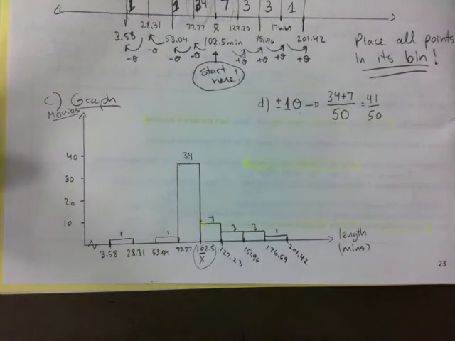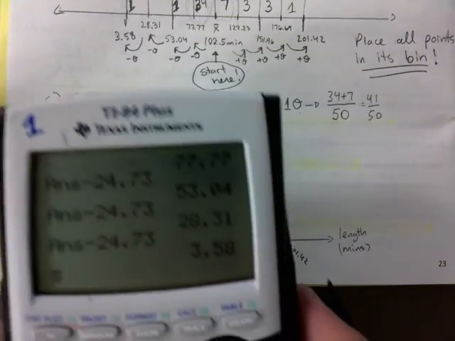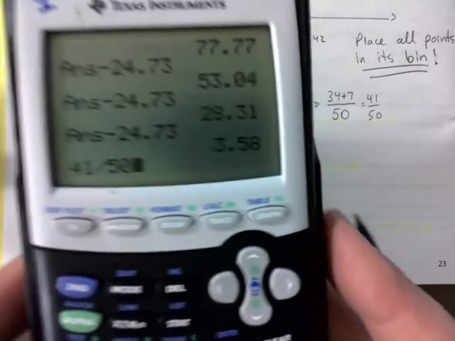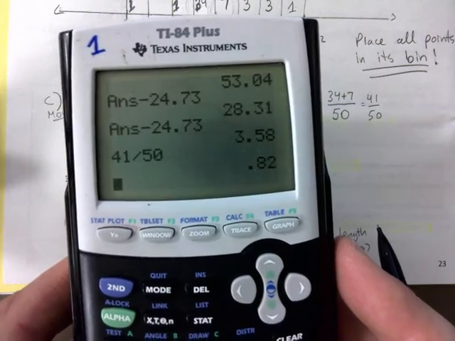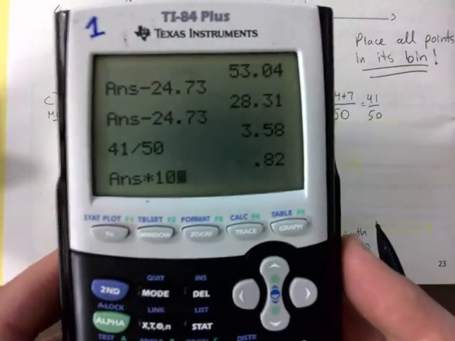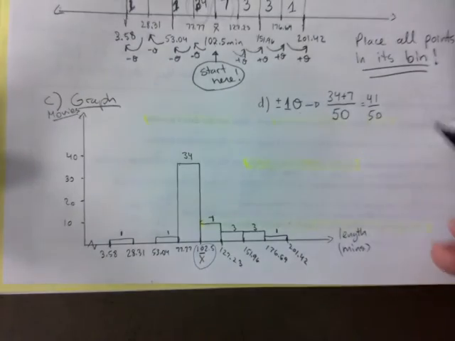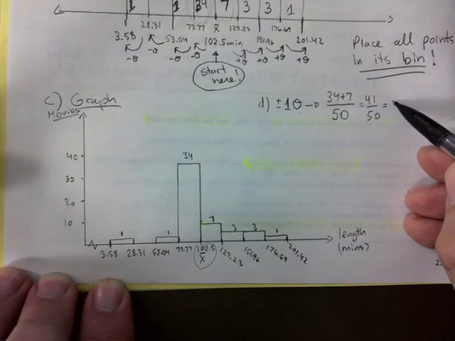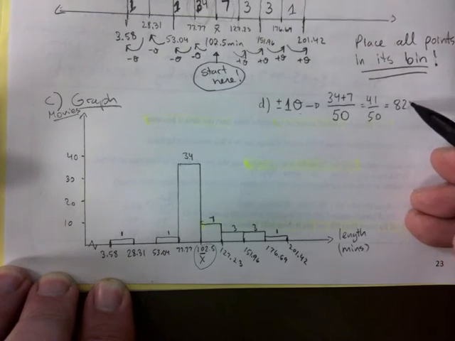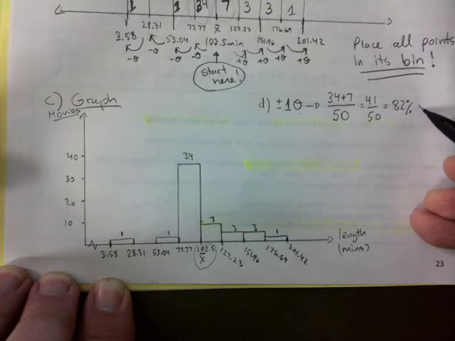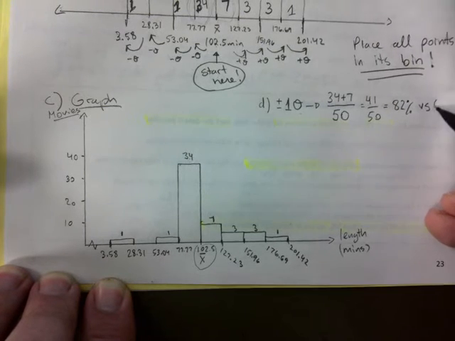And calculate that as a percentage. Go ahead and do that because I feel like some of you need to just wake up a little bit. 41 divided by 50, right? Times 100, that's 82%. And then you go versus 68%.